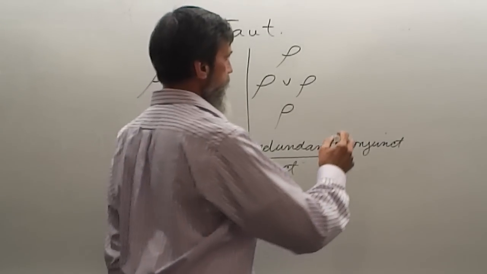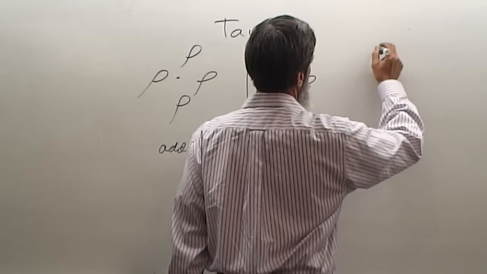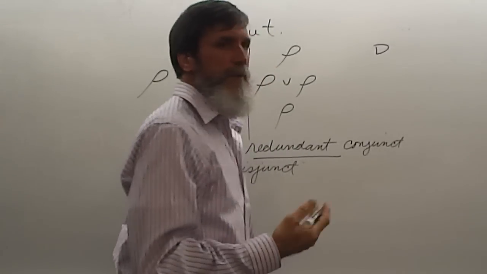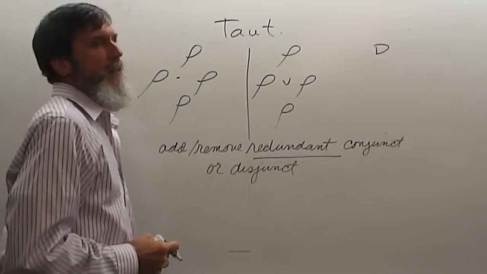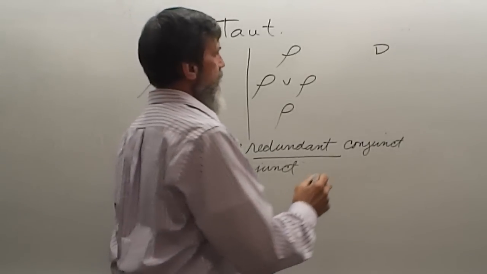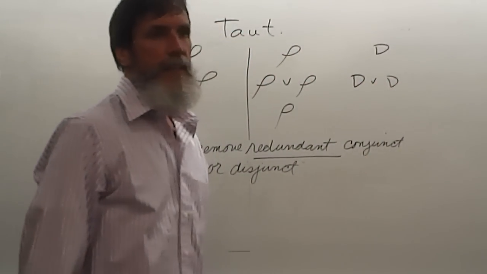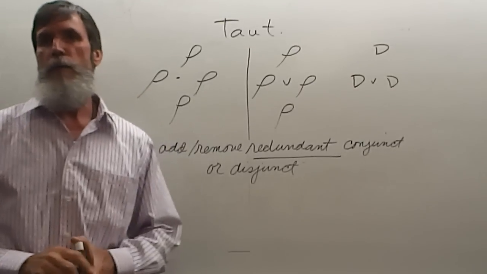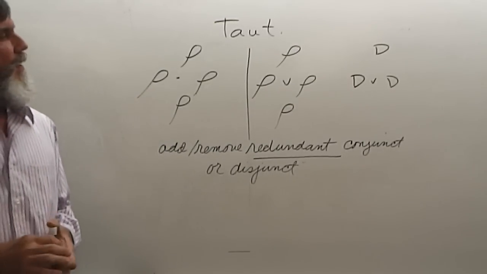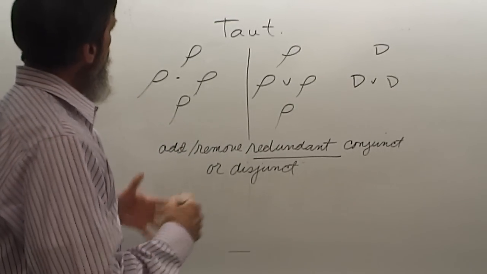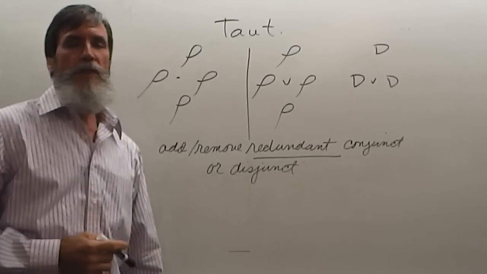Same thing with disjunction. So if I'm replacing D, some statement D, by tautology, it would have to be D wedge D. That's why it's the same variable, P. Why would we do that? We might need a wedge for a constructive dilemma.